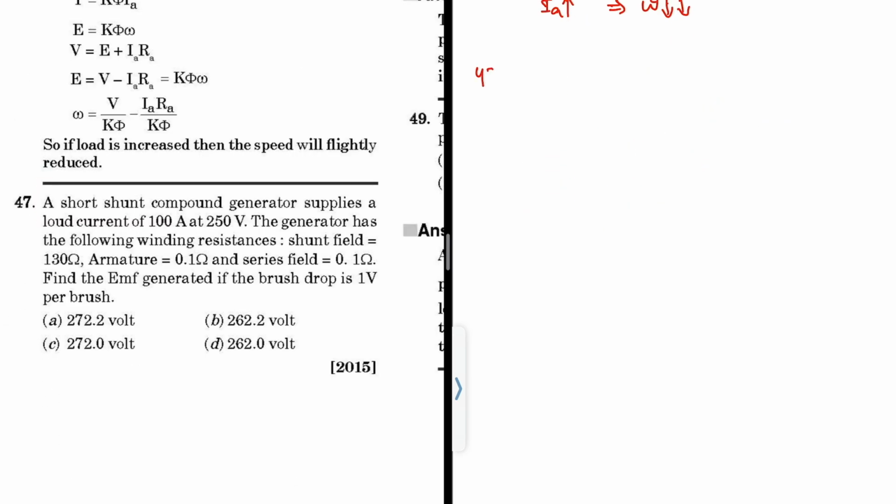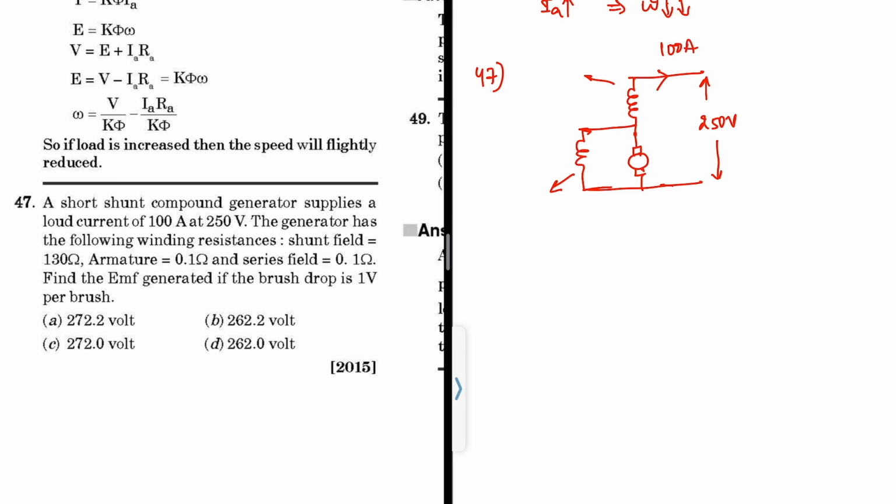Coming to question number 47. In the question it is given a short shunt compound generator, so let me make the diagram. This is the shunt field and this is the series field, and this is the voltage. The voltage is given as 250 volt, and the load current is 100 amp, and this is the DC generator.